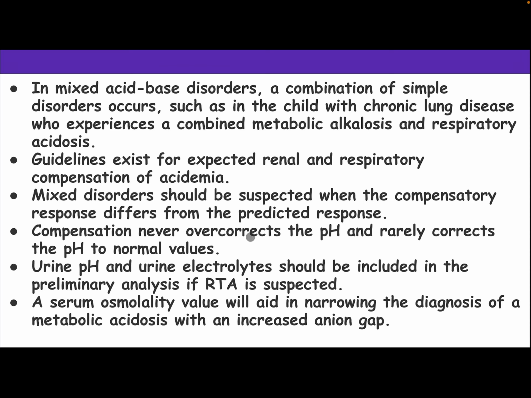Compensation never overcorrects the pH and rarely corrects the pH to a normal value. Urine pH and urine electrolytes should be included in the preliminary analysis if RTA is suspected. Serum osmolarity value will aid in narrowing the diagnosis of metabolic acidosis when there is an increased anion gap.